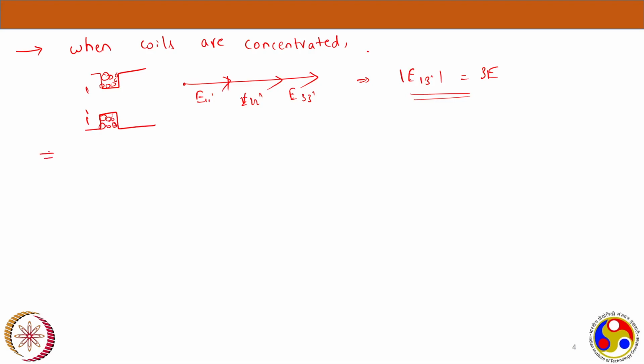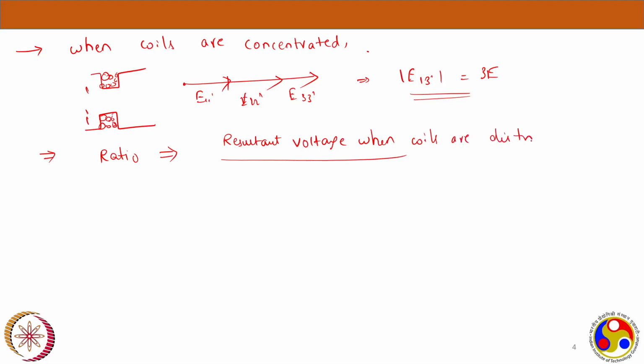Now let's take the ratio. The ratio I am trying to take is the resultant voltage when coils are distributed, because I'm trying to find the factor by which the voltage is being reduced.